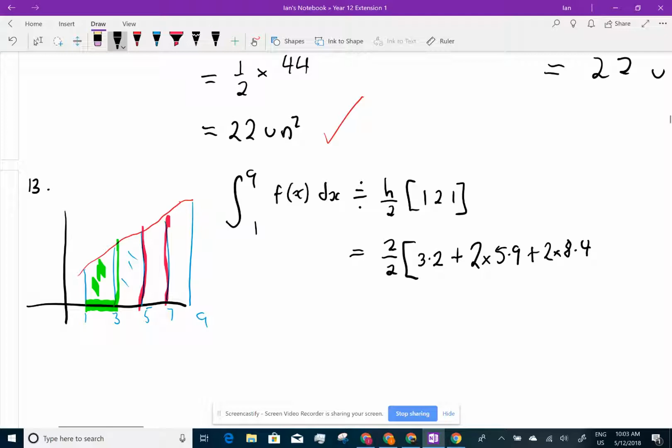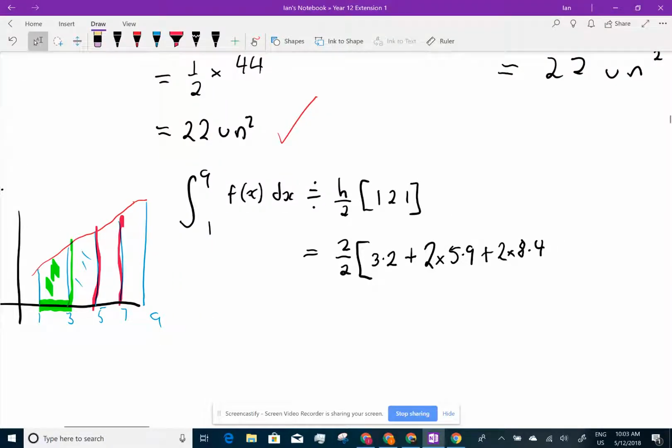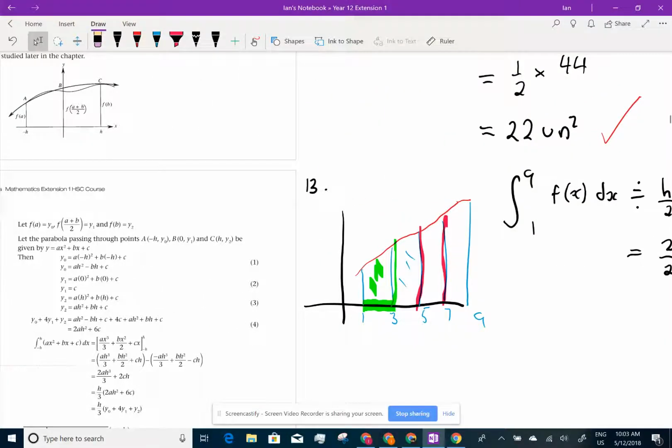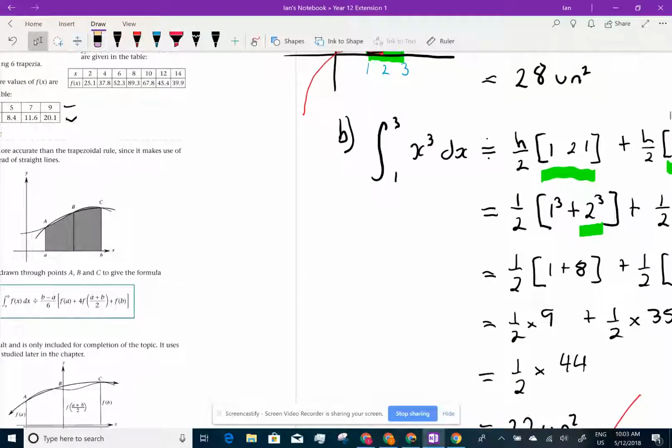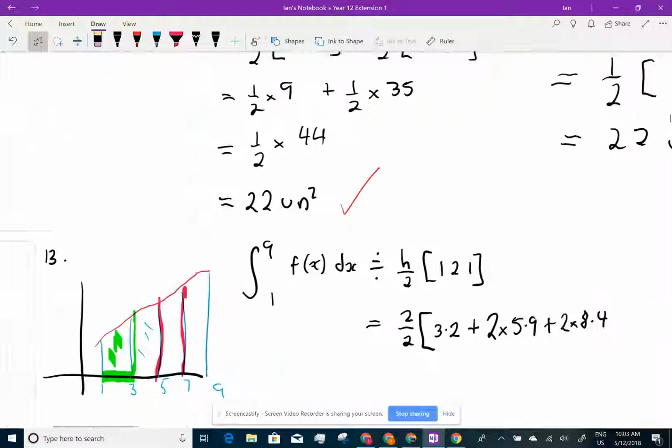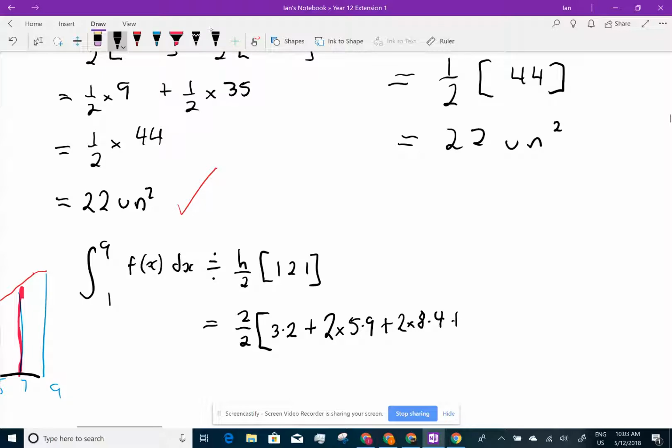And remember, I'm getting these values from the table. Plus, I better double check because I can't remember what the next one was. 8.4, 11.6 and 20.1. So plus 2 times 11.6 plus, now the last value, it's only part of one strip. So it's just one of those, so plus 20.1.